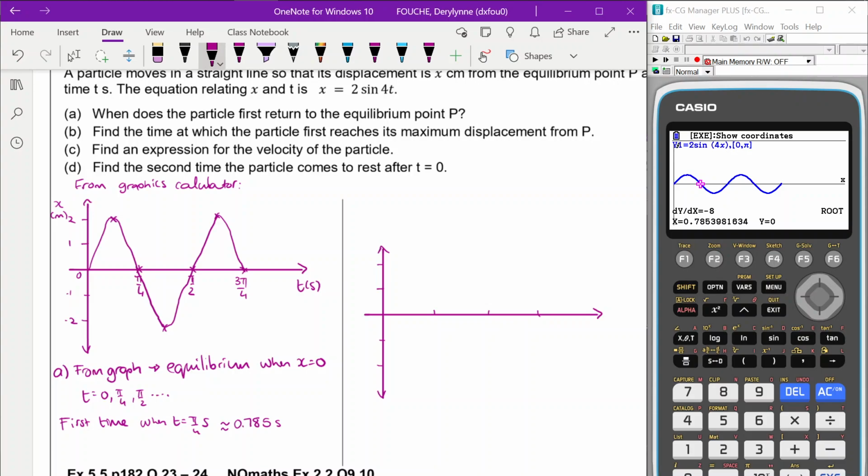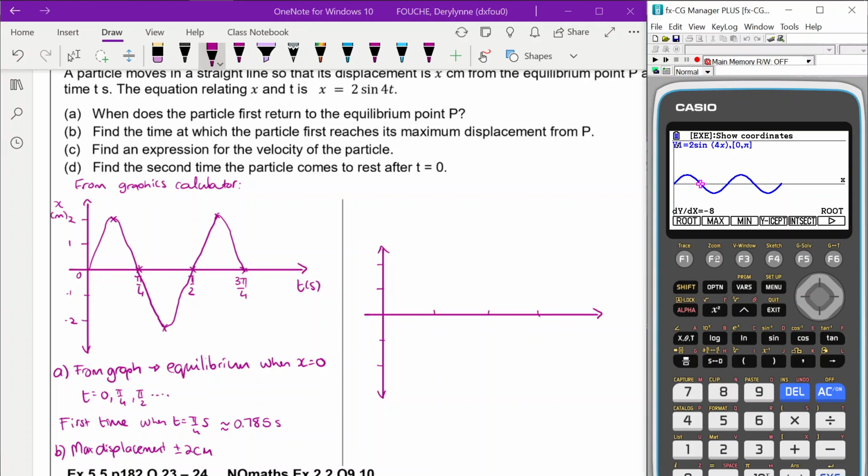Find the time at which the particle first reaches its maximum displacement. Okay, so again, our maximum displacement is going to be at positive or negative 2. And the first time will be when it reaches positive 2.